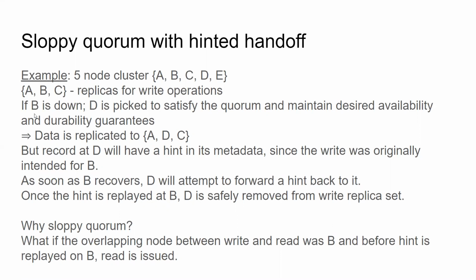So if B is down, I'm going to pick another node, D, which is in my cluster. It is not a part of my write quorum, but it's a healthy node in my cluster.